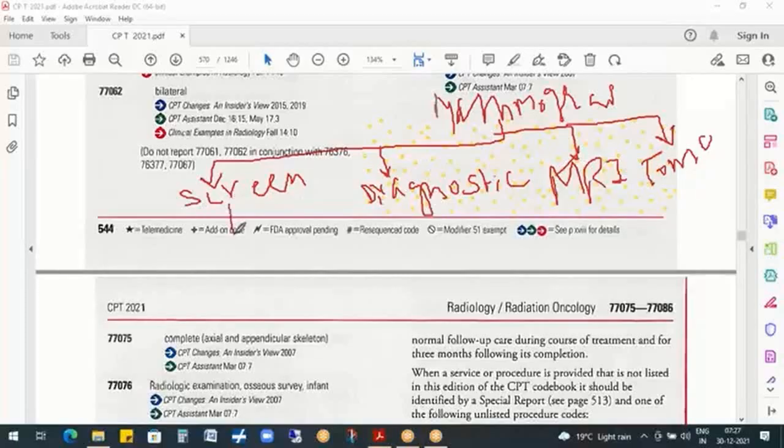If it is a screening mammogram, then the code is bilateral. Just put an arrow down like this. If it is a diagnostic mammogram, it may be unilateral or bilateral.